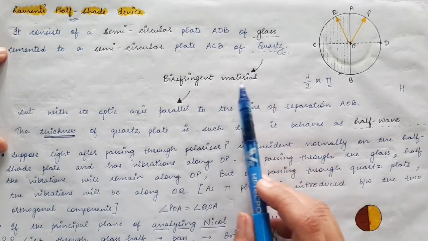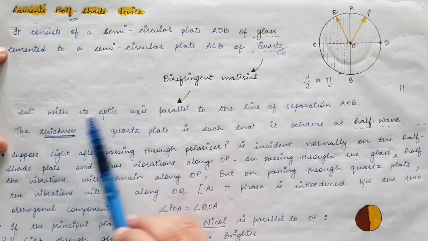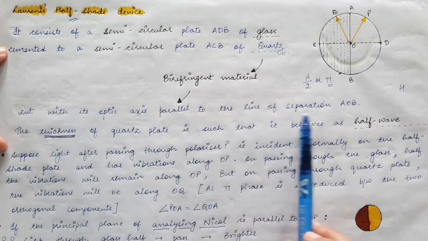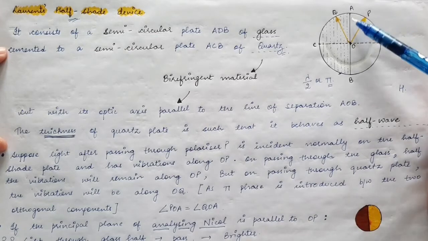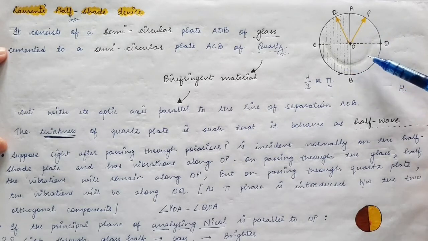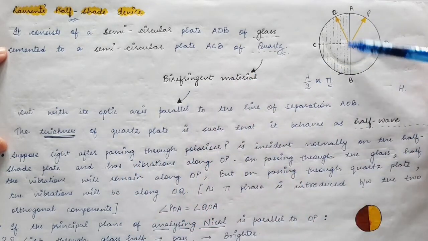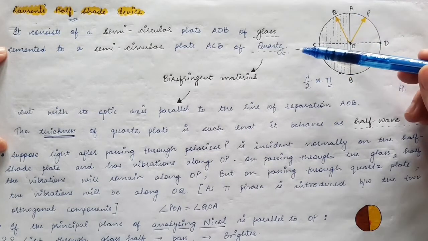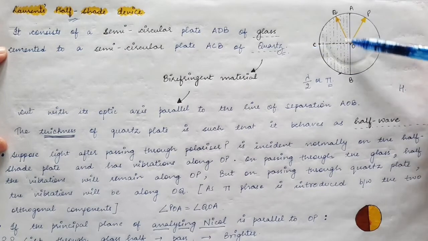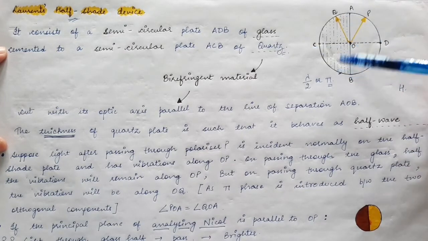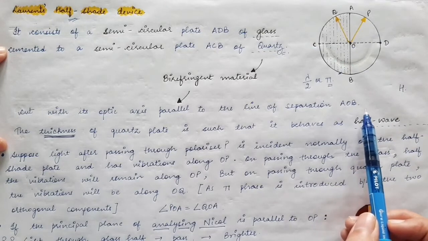So quartz is a birefringent material, and we cut this quartz crystal with its optic axis parallel to the line of separation AOB. So this is the line of separation between the quartz and the glass plate. As we know, birefringent materials have an optic axis, so we cut the quartz crystal in such a manner that its optic axis is parallel to the line of separation AOB.